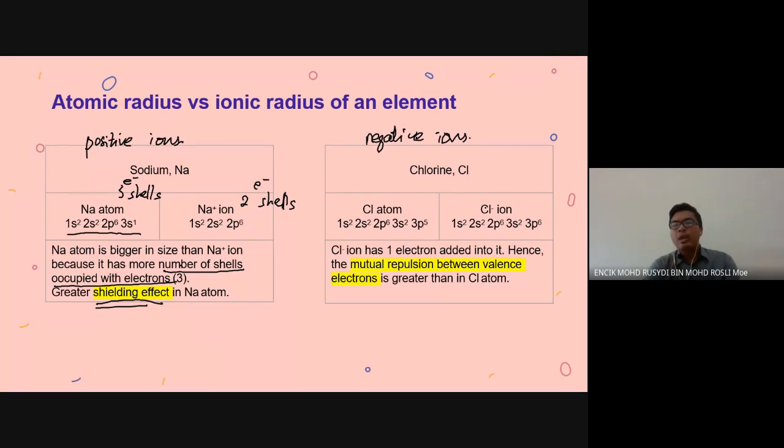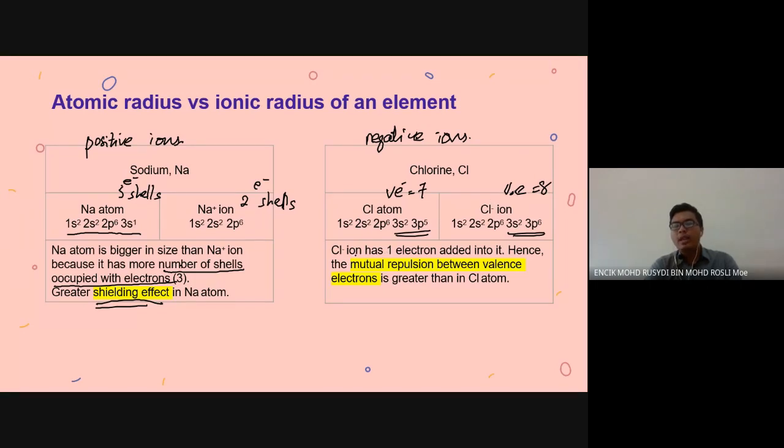But then when it becomes chlorine ion, dia tambah satu elektron. Okay, so there is no different number of shell, just different number of valence electron. Sini valence electron dia adalah 7, sini valence electron dia adalah 8. Okay, so that's the difference.